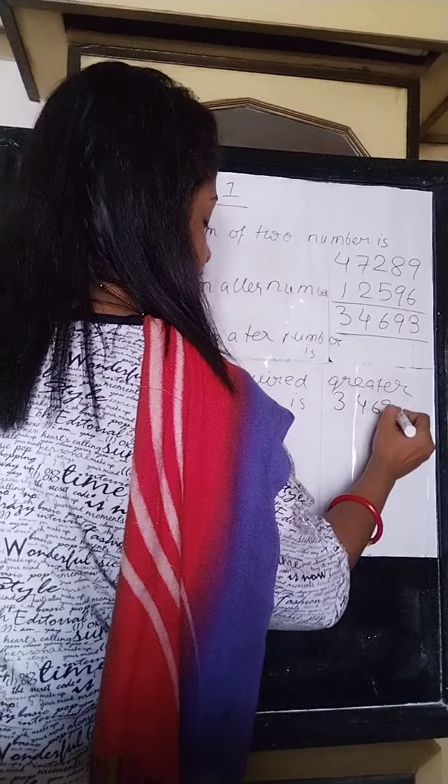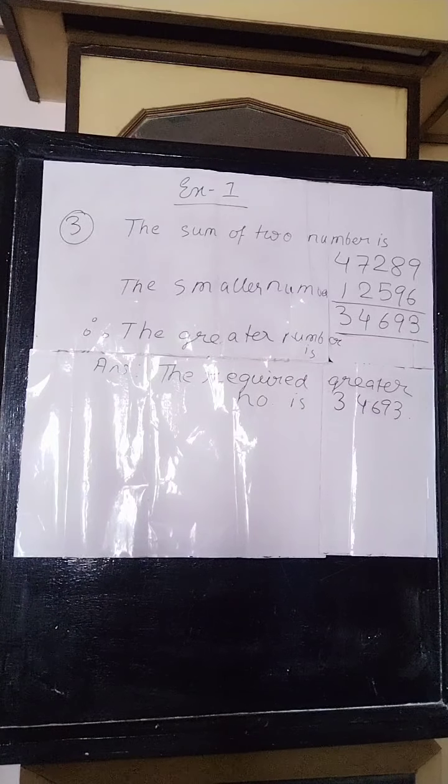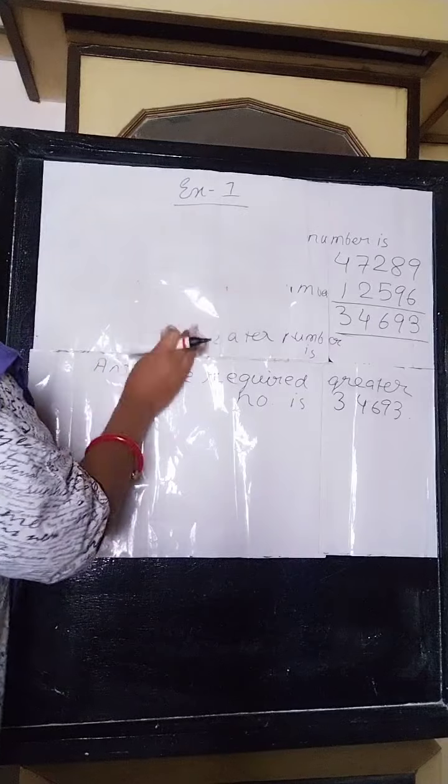Now slowly we move on to the next sum, sum number 4. This sum is a little bit different.